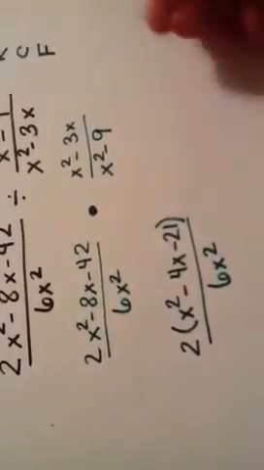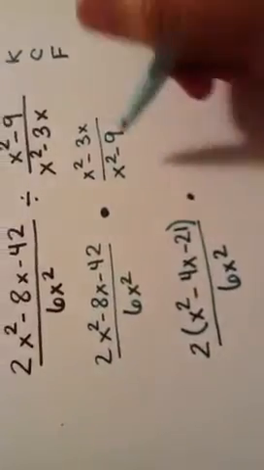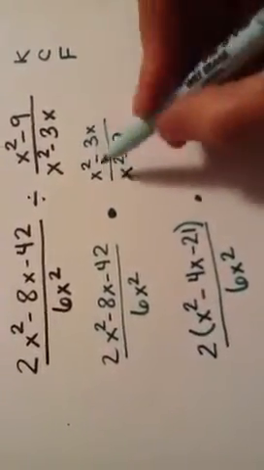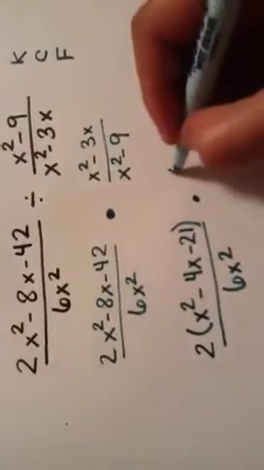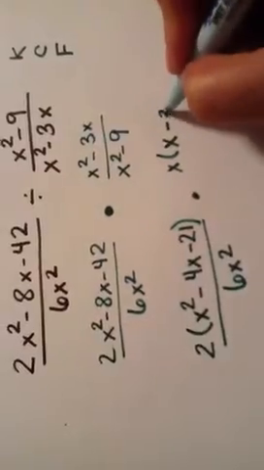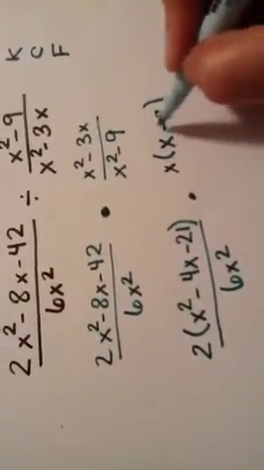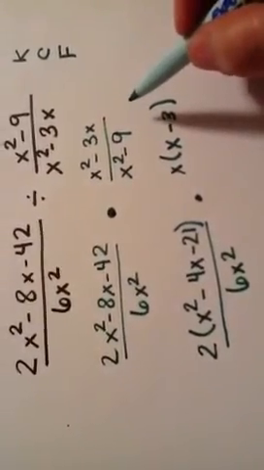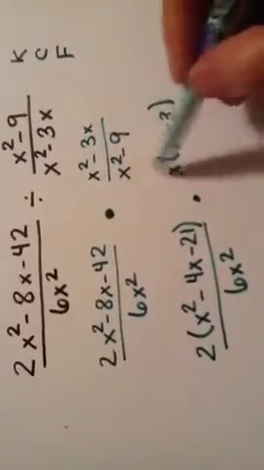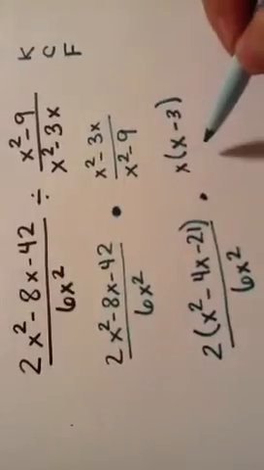No, no, no, no, no. Let me go on the right. I have a binomial that I can actually factor an x out of. And I took out an x, and I'm left with x parentheses x minus 3. And if you work backwards mentally, x times x is x squared, x times -3 is -3x.